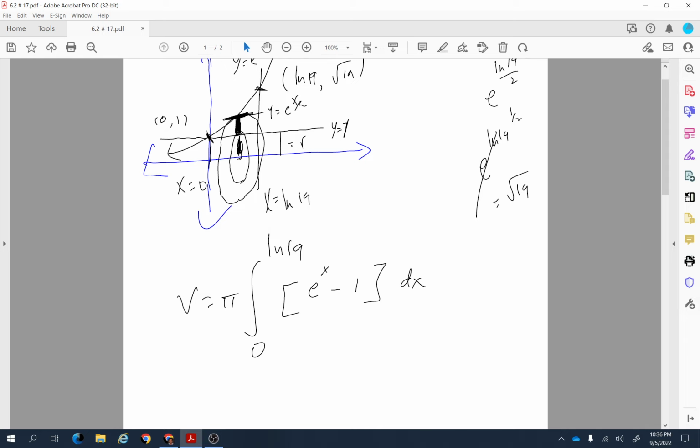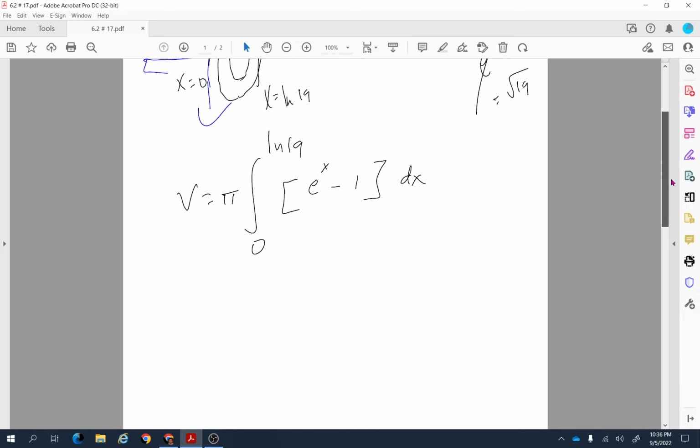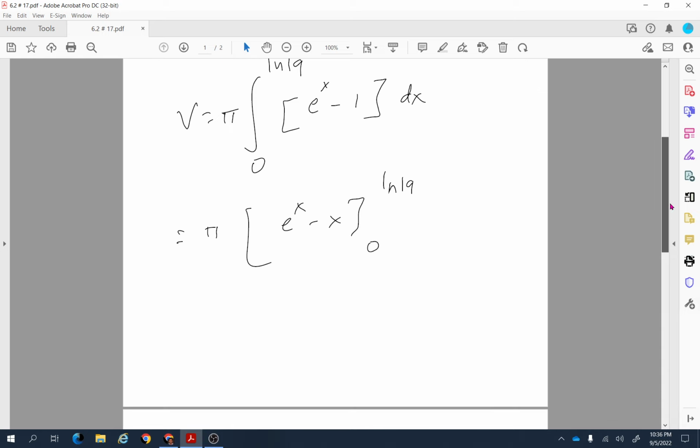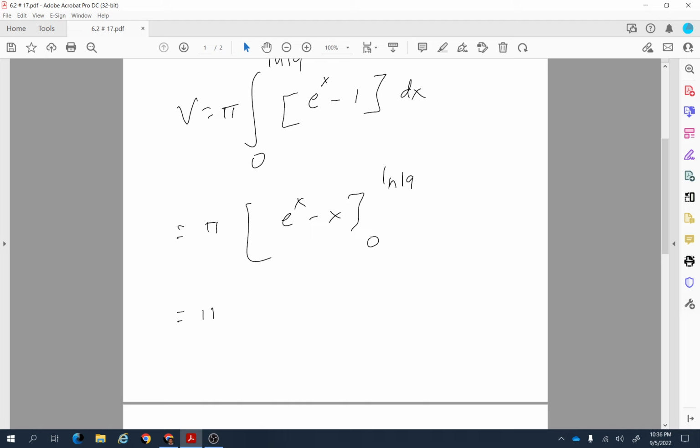Now integrate using the fundamental theorem: pi times e to the power x minus x, from 0 to ln 19. Plugging in x as ln 19, it is pi times e to the power ln 19 minus ln 19, minus e to the power 0 minus 0.